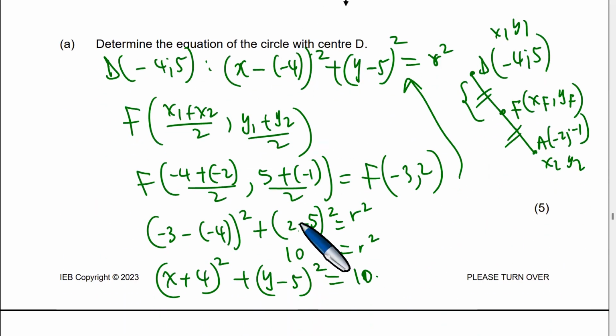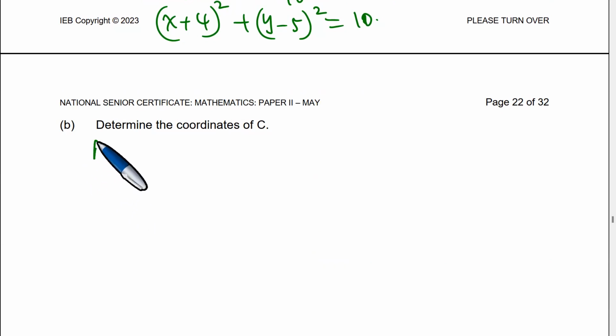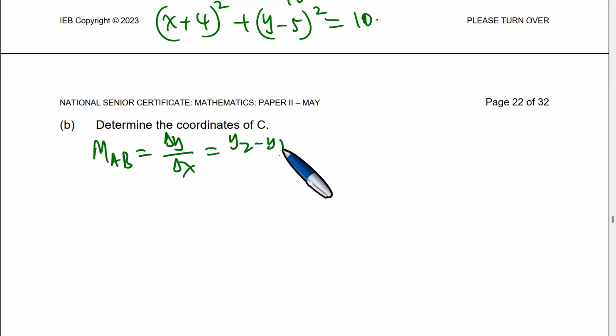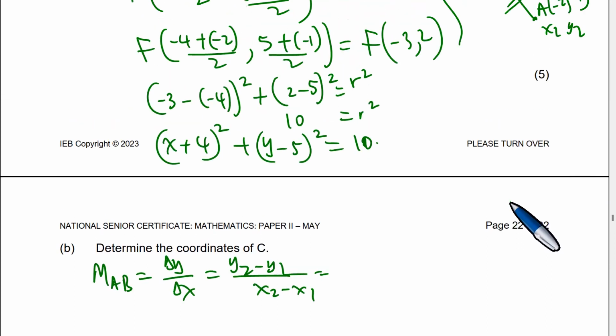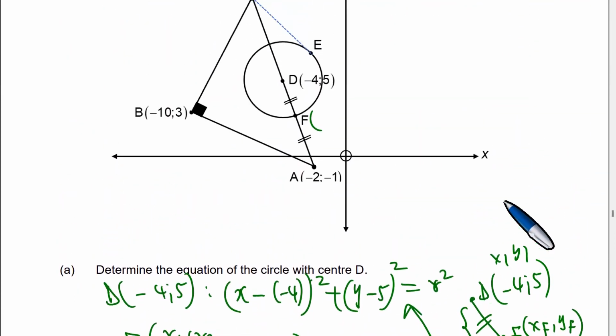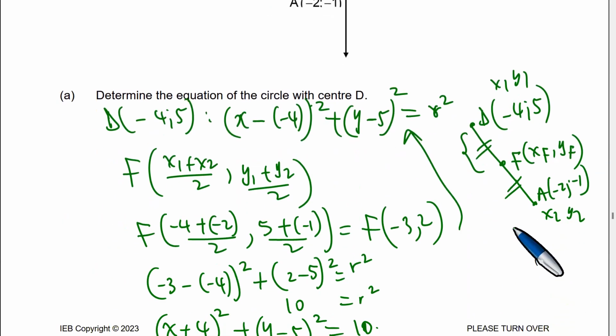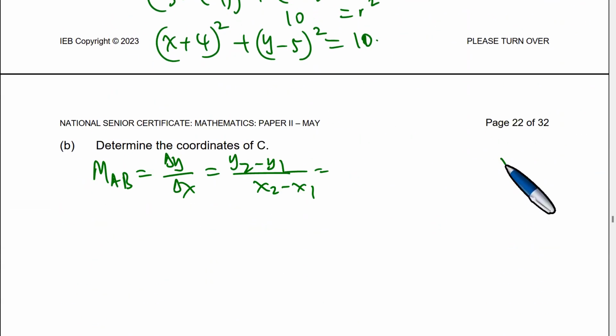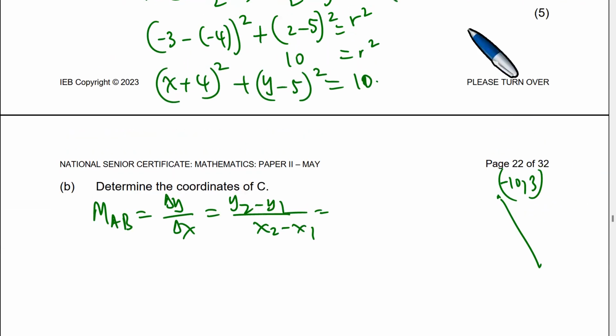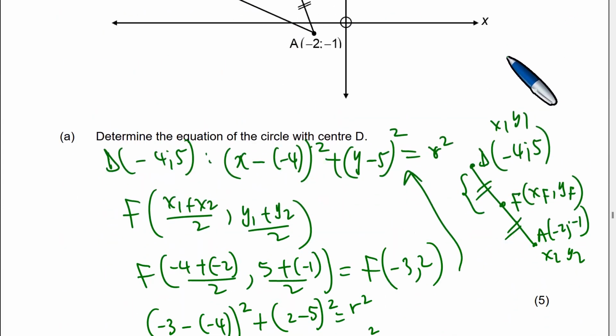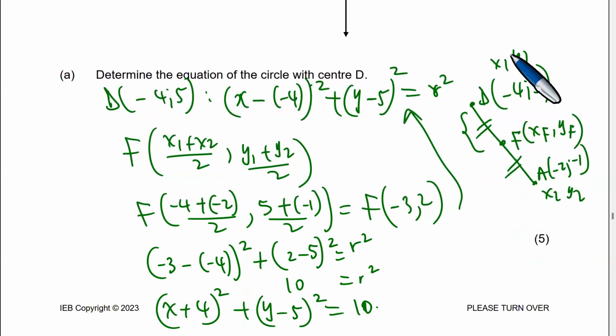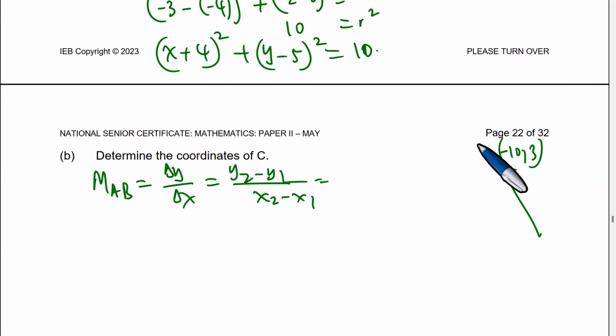Quickly, the gradient of AB is change in y over change in x, y2 minus y1 over x2 minus x1, which is -10, 3, -2, -1. Which is B?